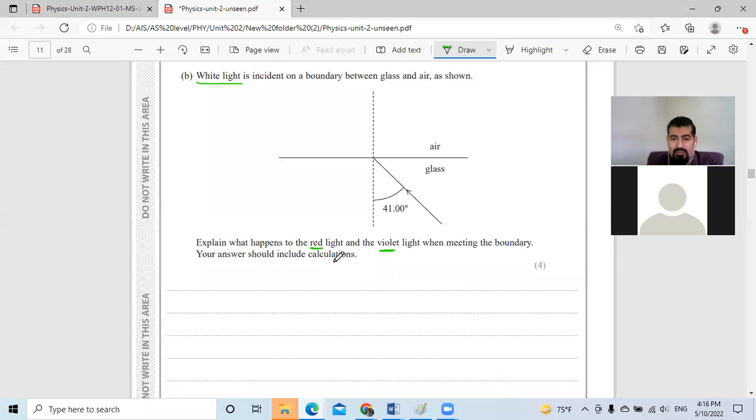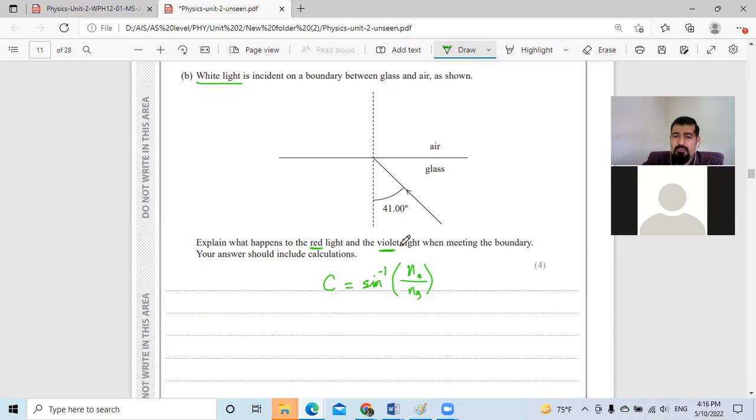So it's this angle, 41 degrees, maybe less or more than the critical angle for whom? For the violet and for the red. So I have to find how much the critical angle is for both of them. So critical angle equals sine inverse of n of air divided by n of glass.